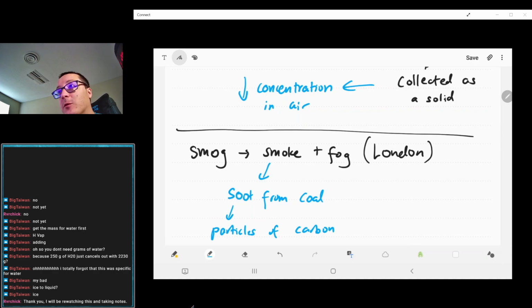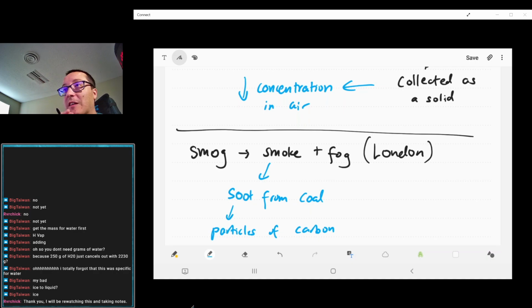And when that forms with fog, it holds it in stasis as a colloid. So that smoke ends up staying there. Normally, smoke billows out, goes up into the atmosphere, and will disperse.